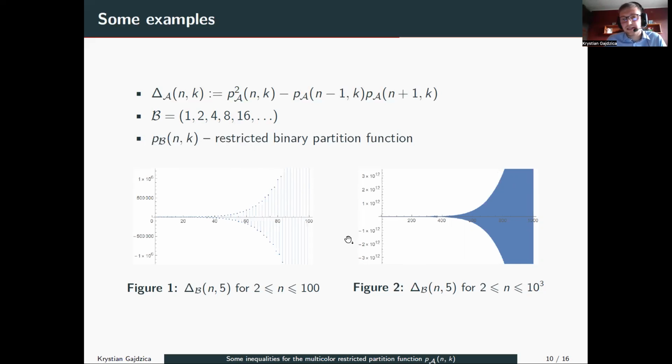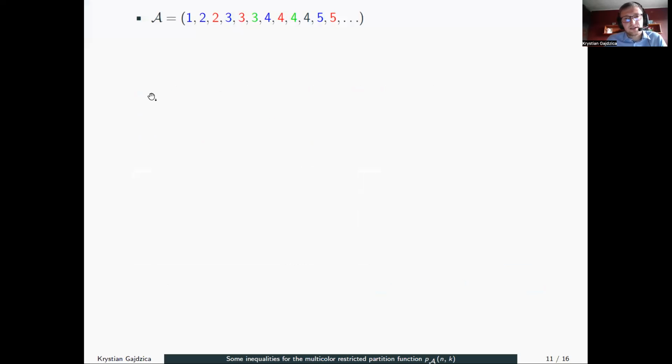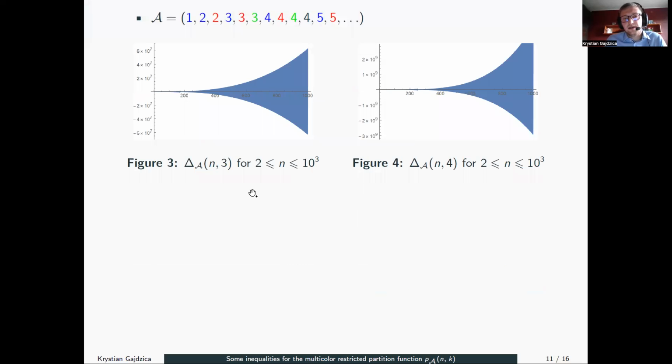Good, so now let us take a look at the example we dealt with before. So this is a sequence of consecutive positive integers. And if we take k between 2 and 4, then it seems that once again the restricted partition function is not log concave in these cases.